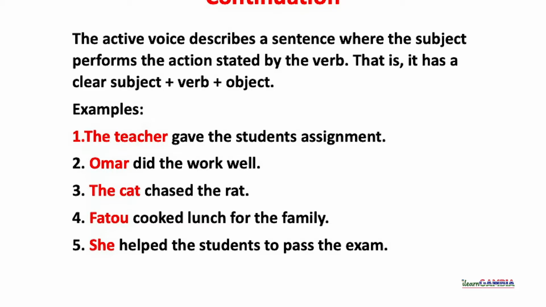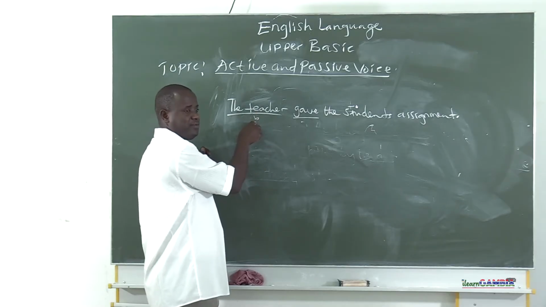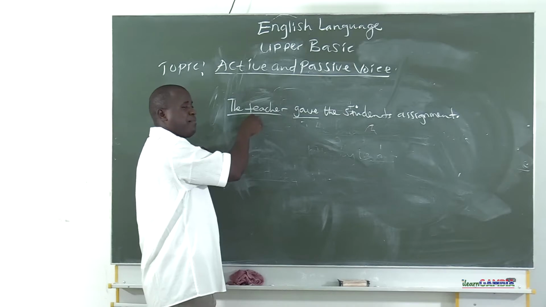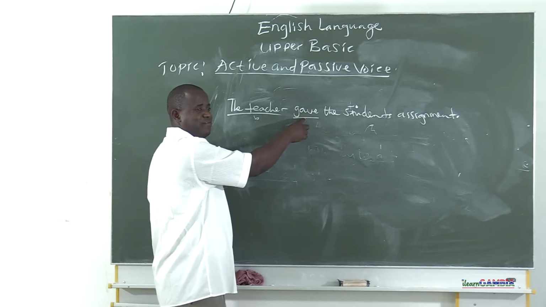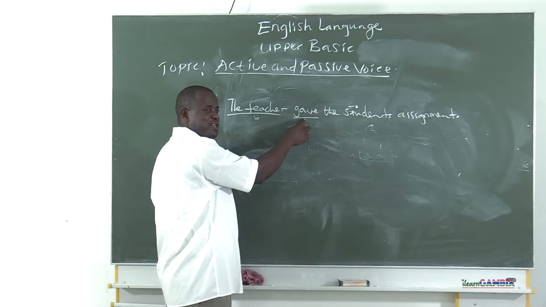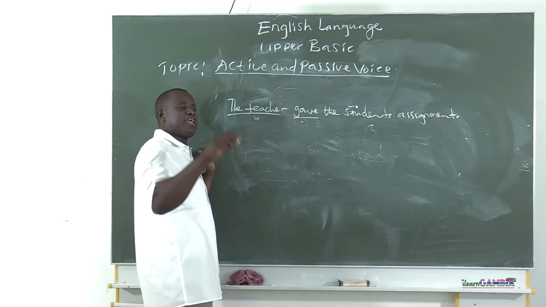We identify the subject, and we identify the verb. All right? Where is the subject? The teacher. Now our definition says, the active voice describes a sentence where the subject performs the action. Where is the subject? The teacher. And the teacher here performed an action. What is the action? He gave. That's what we mean. The subject performed the action stated by the verb.